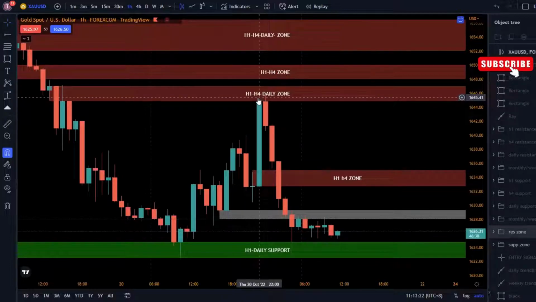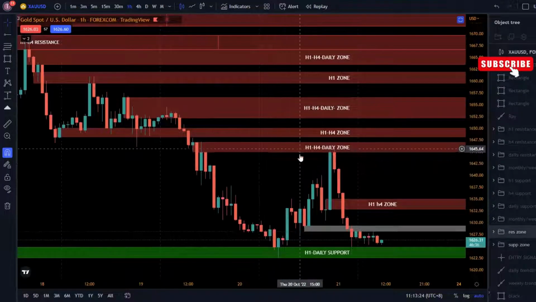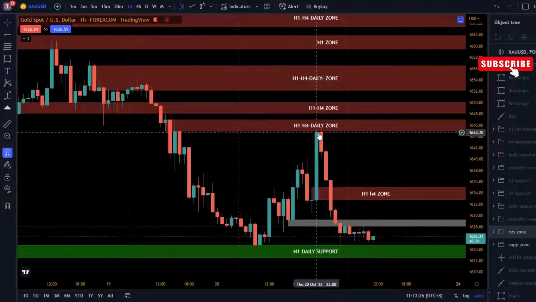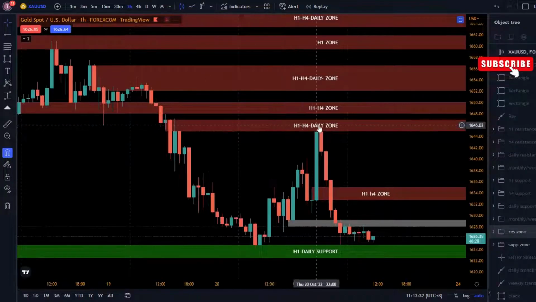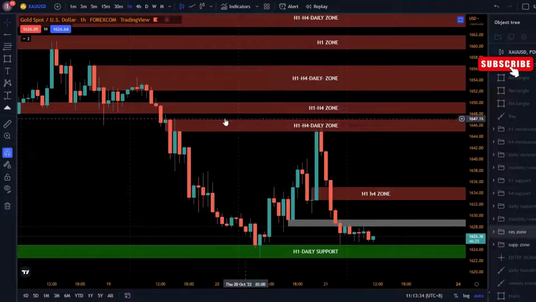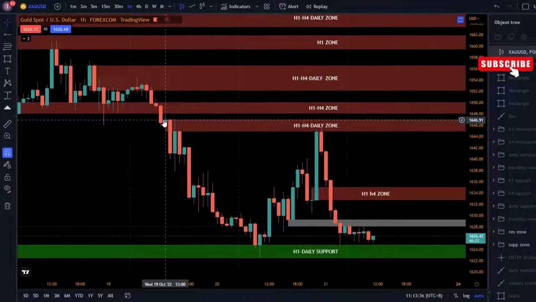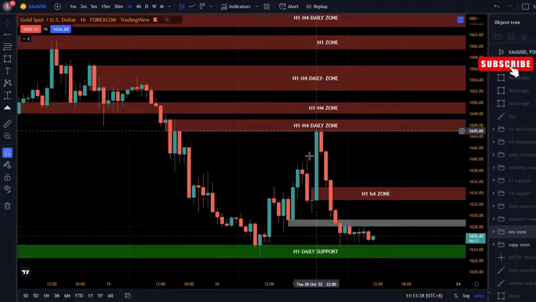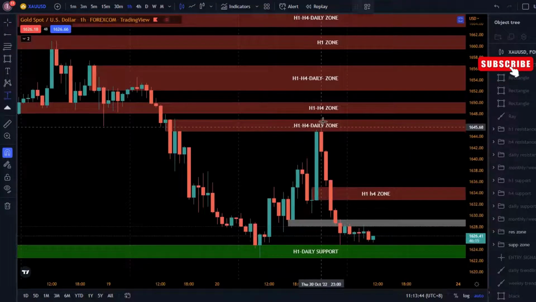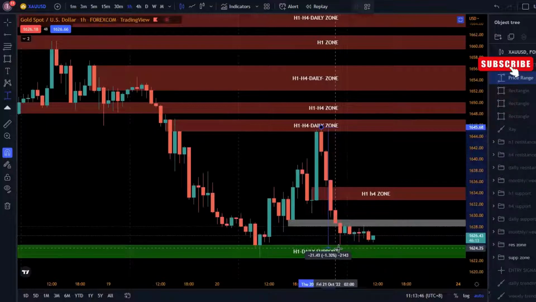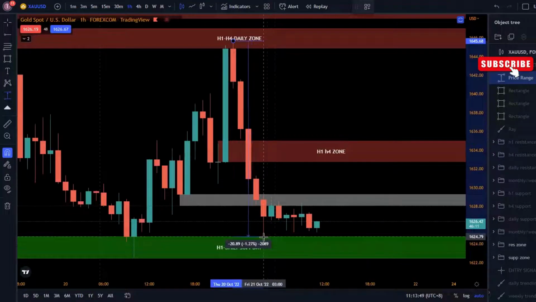So I just thought yesterday that gold will fly, but it didn't. So H4 and daily, H4 daily and H1 resisted and rejected this price, this bullish candle. It rejects down heavy. So from this to yesterday's low, that's 200 pips.